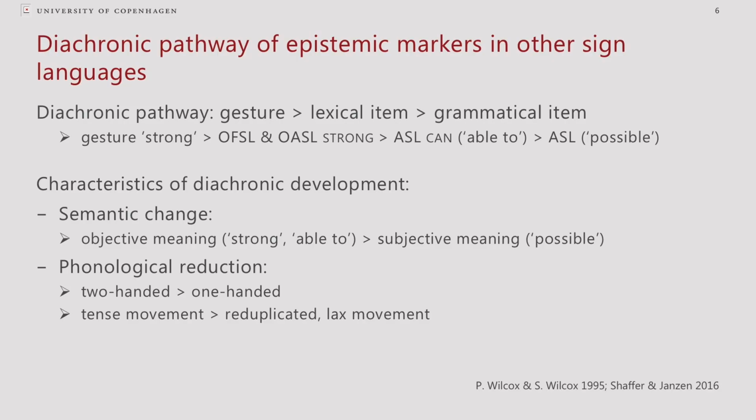It has also been shown that the pathways of these epistemic markers in other sign languages may be from a gesture, such as the gesture meaning strong, to a lexical item, for instance, the sign in Old French Sign Language and in Old ASL meaning strong, and then on to a grammatical item such as can, in the sense of able to, and finally to the use of this sign to mean possible.